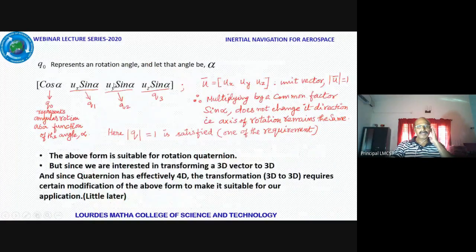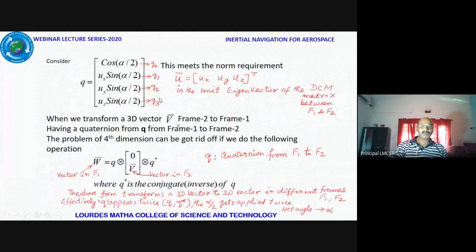Now, here we said this form appears to be okay. Now I am going to propose, suppose I modify my representation. Alpha is still the angle of rotation, but my Q0 I will take, instead of cos alpha, cos alpha by 2. And the other 3 components are multiplied by sine alpha by 2. Here also, the direction of this vector is not changed.